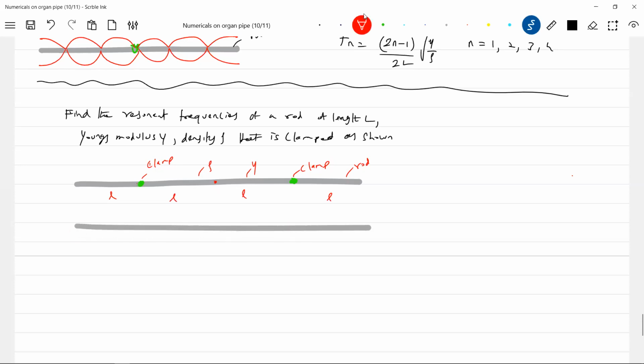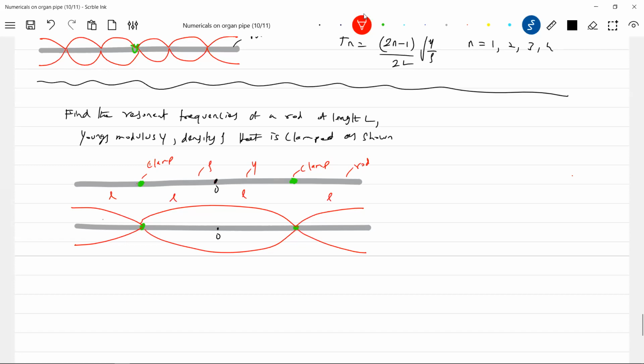The midpoint O, let me indicate that midpoint as O. The O will be kept here and the clamp points here. And now what shall we do here? Half loop is possible here. Then one full loop.